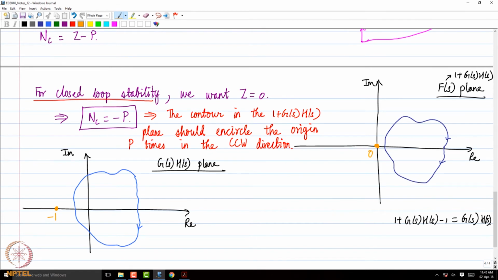I hope it is clear how the critical point becomes minus 1 in the G(s)H(s) plane.